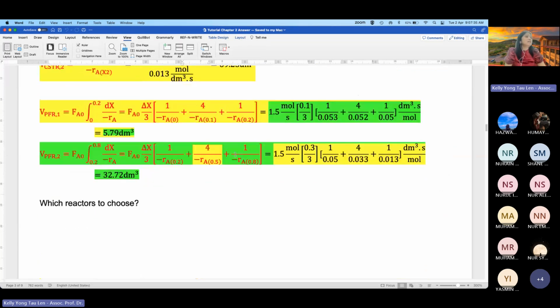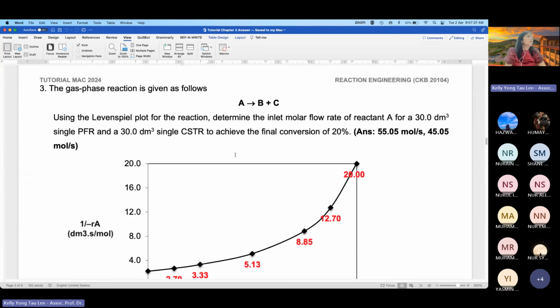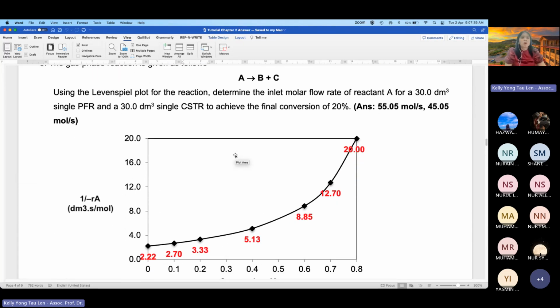So today we have another 3 questions, of which now we are using Levenspiel plot. If you remember, in the class when we were discussing chapter 2, I reminded you several times that the information of the minus RA and the X can be given in the form of a table, like what we learned yesterday, or it can also be given in the form of Levenspiel plot.